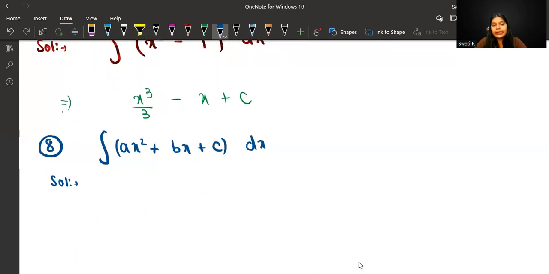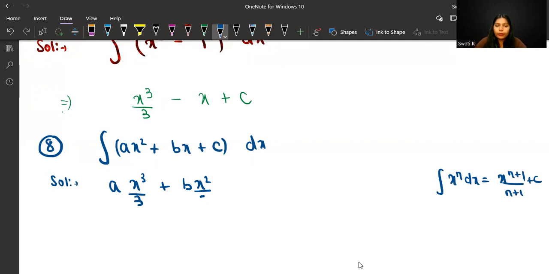If you integrate ax squared, a is outside and integration of x squared is x cube upon 3, using the formula integration x raised to n dx, which is x raised to n plus 1 upon n plus 1 plus c. So this will become ax cube upon 3. This will become bx square upon 2, right?